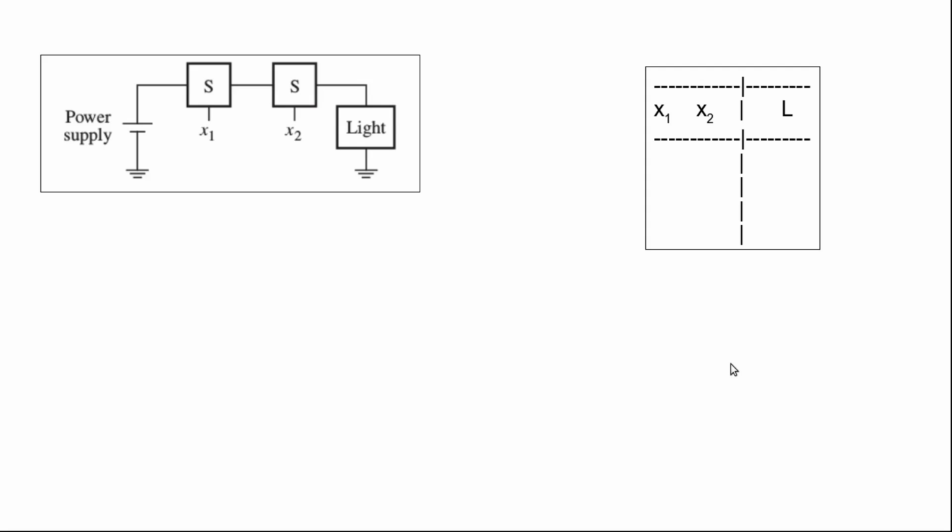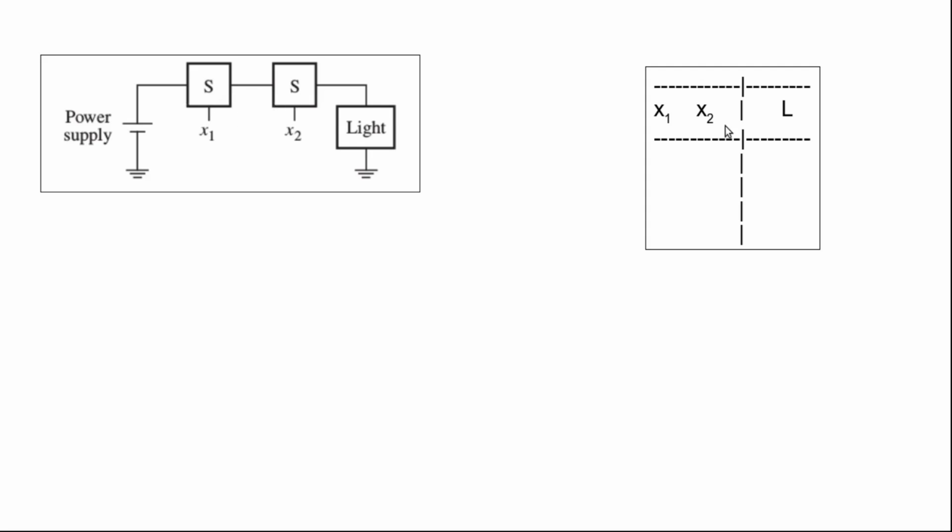Now let us look at another circuit where we have two switches, and the state of the first switch is denoted by the binary variable x1, and the state of the second switch is denoted by the binary variable x2, and we have connected the two switches in series.